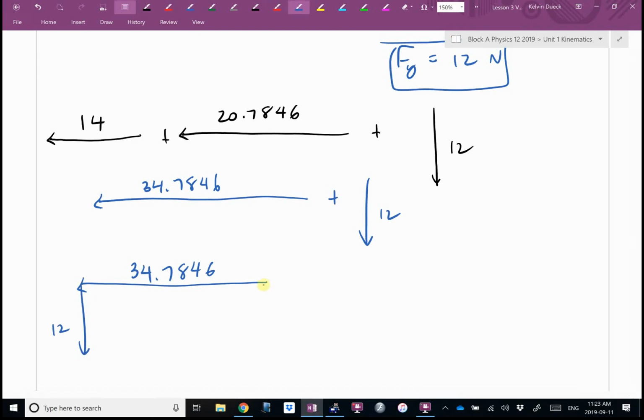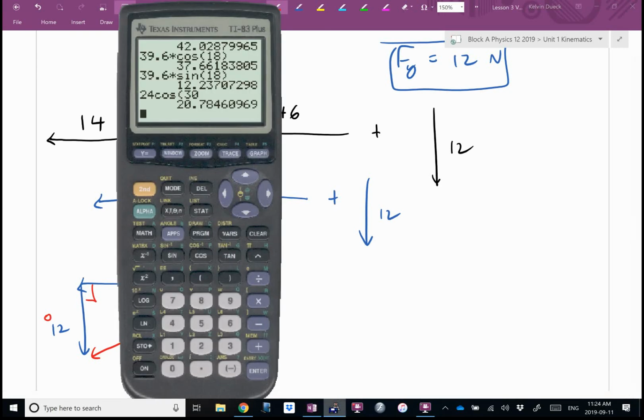Here, a resultant goes from the tail of the first to the tip of the second. There's the resultant. I'll call it F and then R for resultant. I'm going to use Pythagoras.